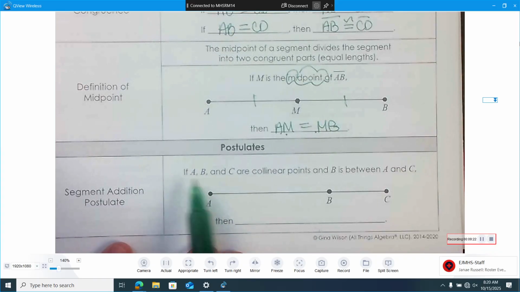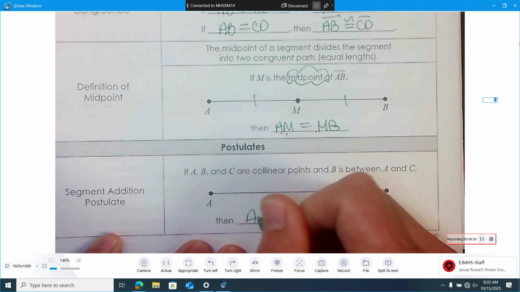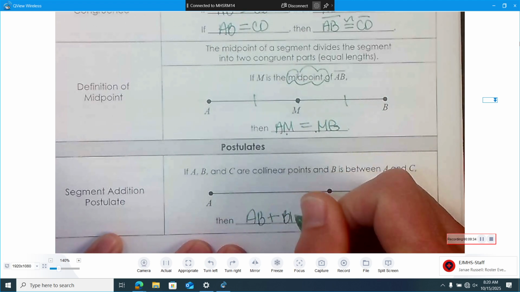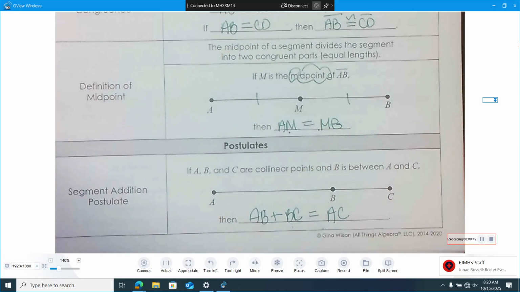So it says if A, B, and C are collinear, so B is between A and C, and they're all on the same line, then the length of AB plus the length of BC is equal to AC. Little piece plus little piece equals the whole thing. AB plus BC equals AC. So very good, we know that postulate. We have to use that on occasion as well.